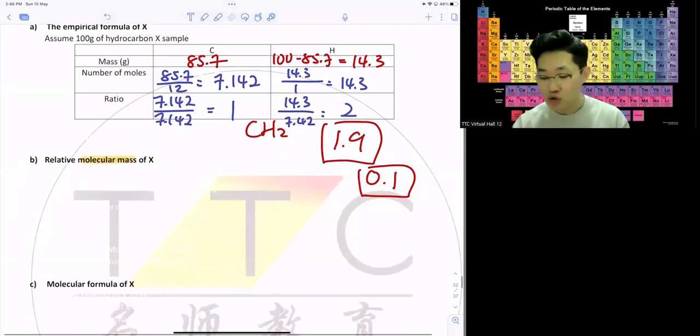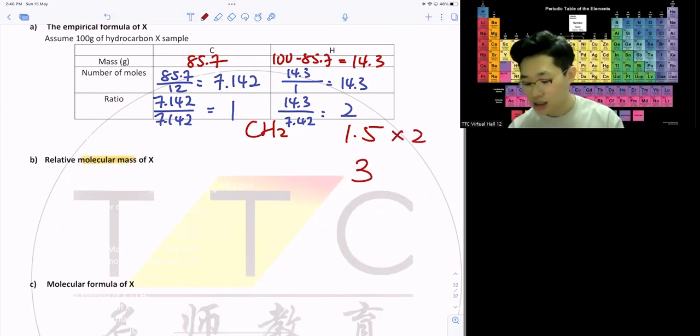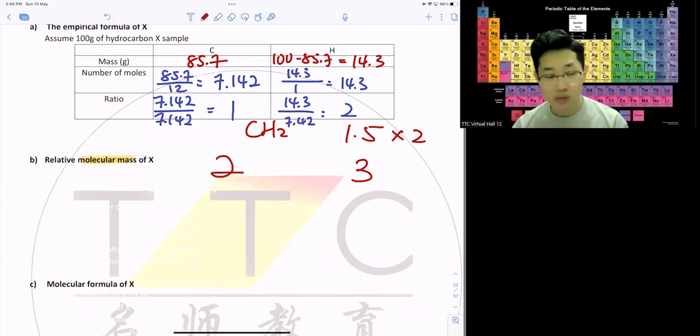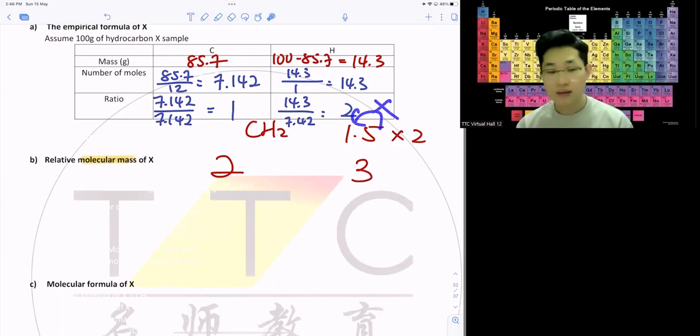If the value that you got here is like 1.5, can you round up to 2? Cannot. You have to times 2 to make it 3. And then this one will be times 2 as well. Let's say 1.5. Only a difference of 0.1, you can round up. 0.5 cannot.